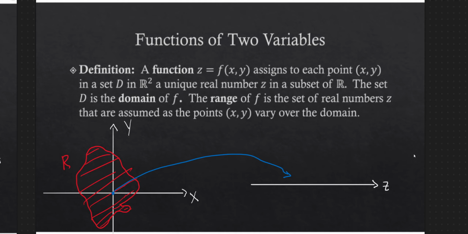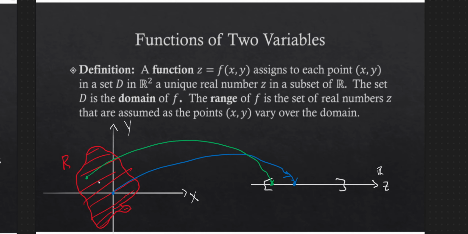So this is z, this is a copy of the real numbers. And let's say maybe this interval is the range. So our range is still an interval. It's the set of all points that are hit by things in the domain. And so maybe that point, the origin, gets mapped over here. And maybe this point in the domain gets mapped to this point in the real numbers. All right, that's the idea.